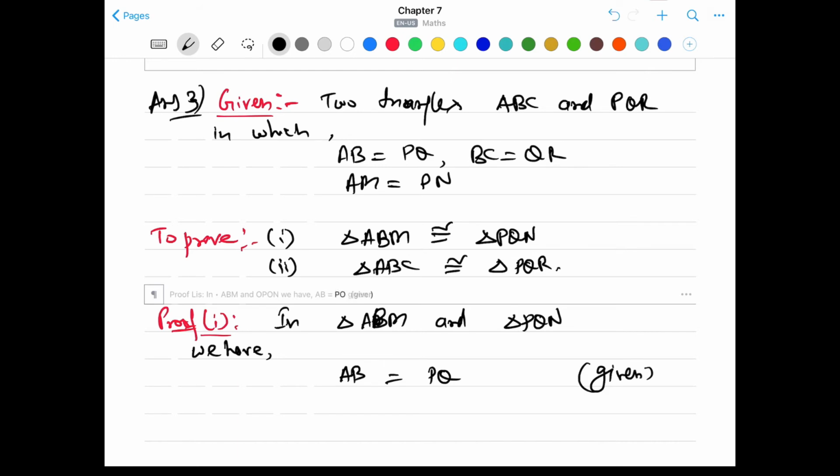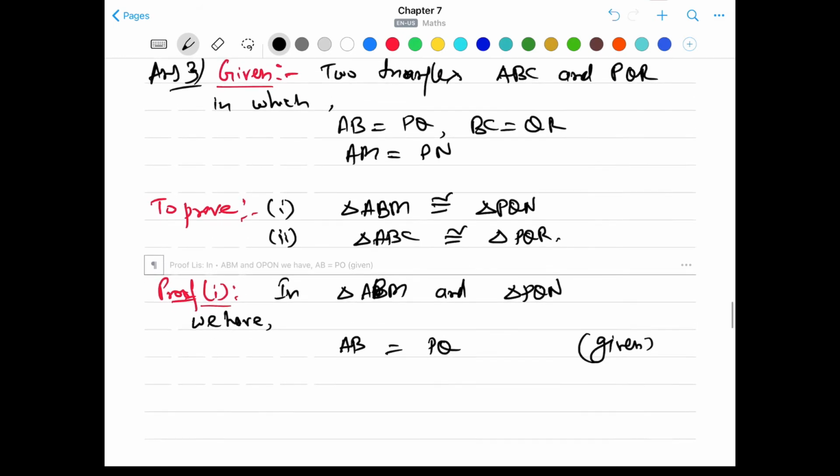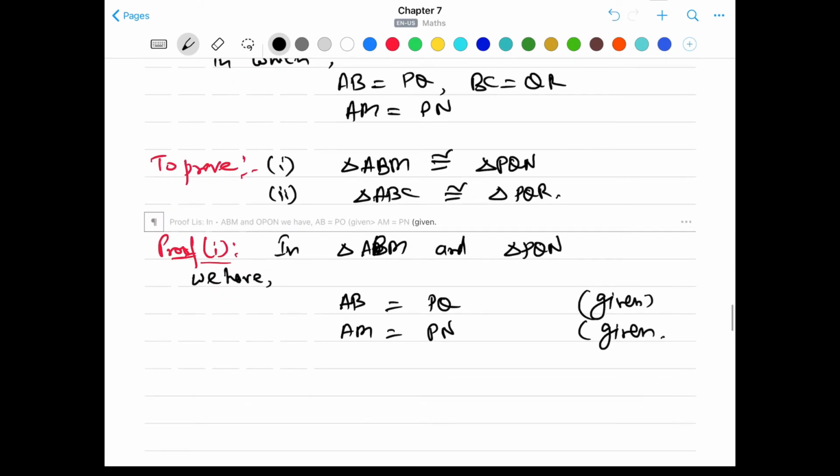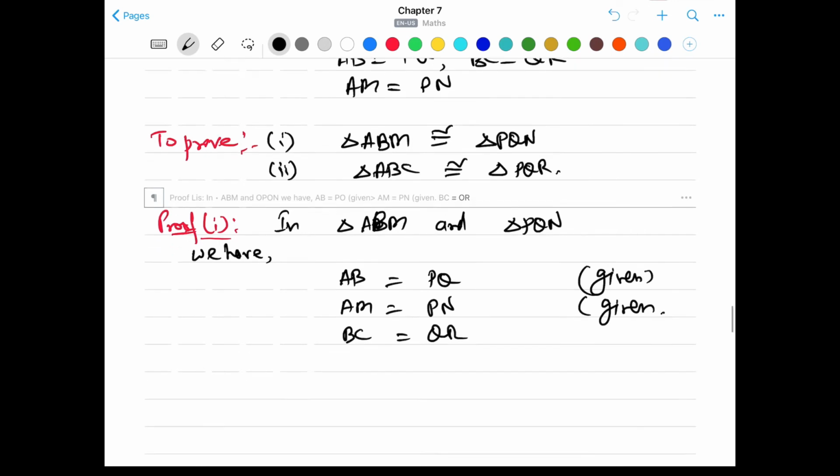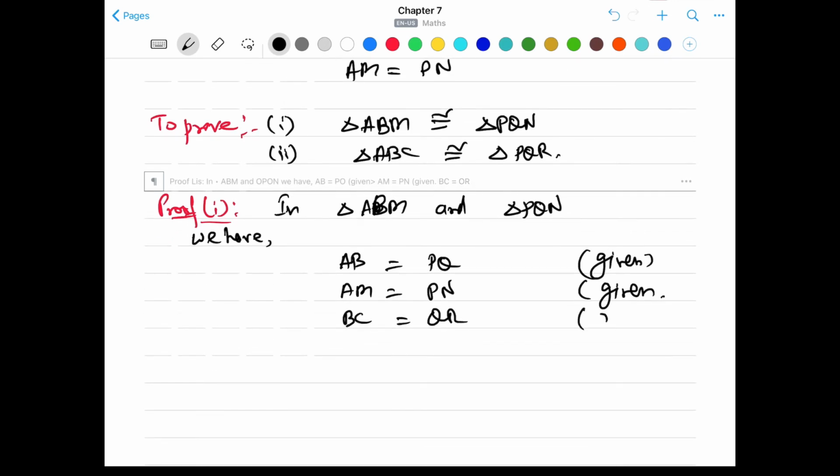This is given. Also we have the side AM equal to PN. This is also given. Okay, and we are also given another side, that BC is equal to QR. So we have one more side, that BC is equal to QR.